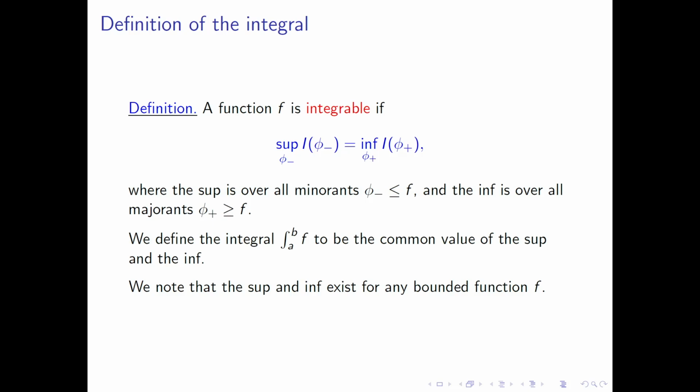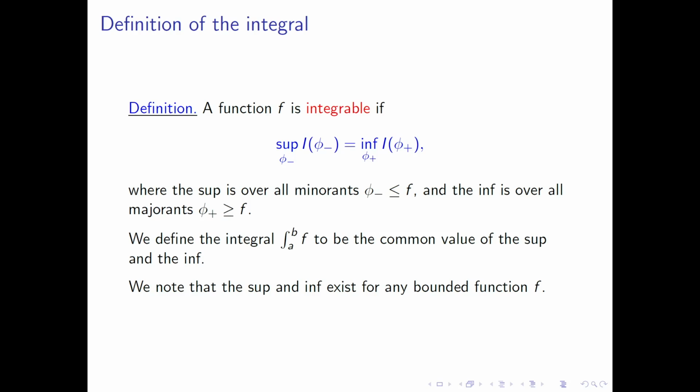A step function just takes only finitely many values. It's constant on these open intervals in which the step function is defined. And so the integral of a step function is just basically the sum of the area of certain rectangles below that graph. Okay, so we have this notion of I phi minus.